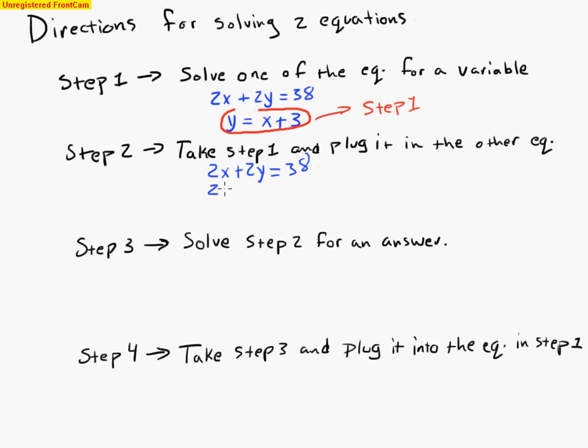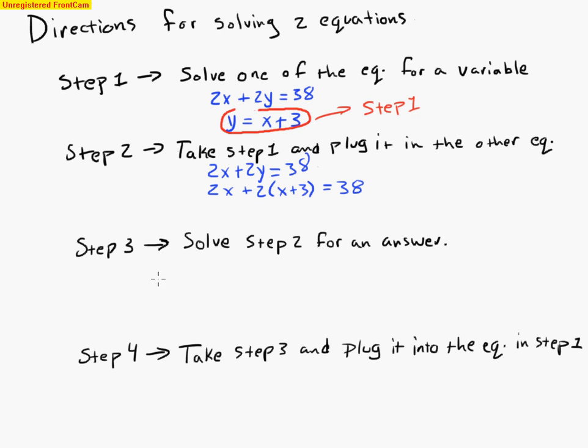So I'm going to take 2x plus 2 times something that's going to be y equals 38. Now I need to take step one and plug it in. Step one was this guy, so y equals x plus 3. So instead of y, I'm going to write an x plus 3. Now I distribute. Nope, not going to even distribute. That's going to be step three.